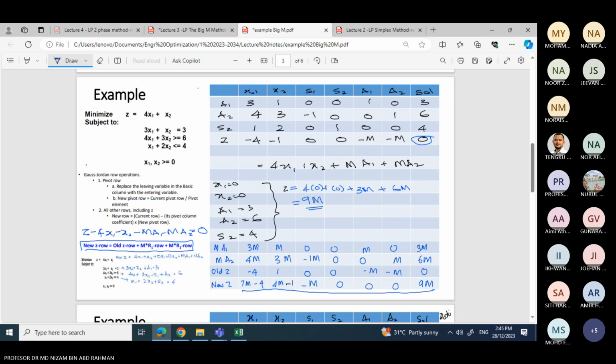No? Okay, so the next step is we're going to substitute this new row into here. So this new zero, we're going to substitute into here, and that becomes our initial tableau. So if we do that, this is what we got.